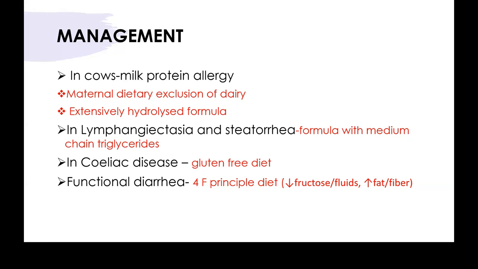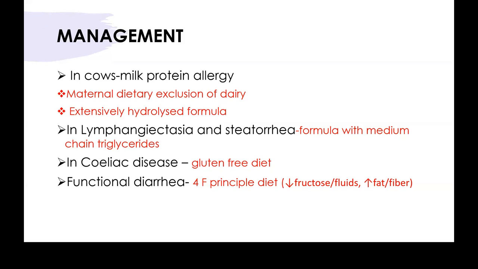And if you're suspecting lymphangiectasia or steatorrhea or fatty stools, formula with medium-chain triglycerides is again indicated. Again, there are a few brands, so you can check in the market. If you are suspecting celiac disease, the diet modification should include a gluten-free diet. So there should be strict gluten avoidance.